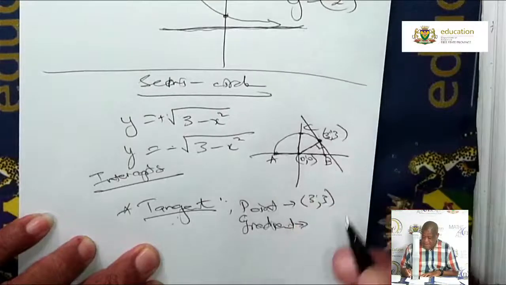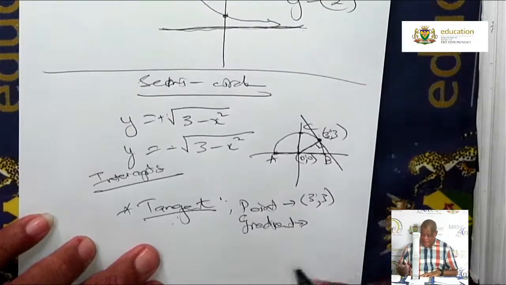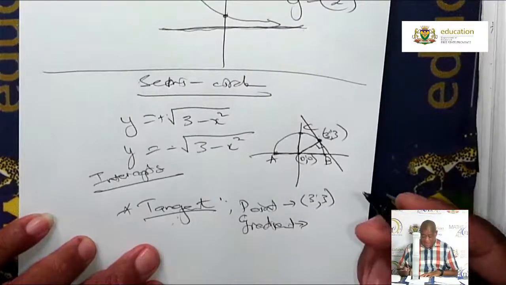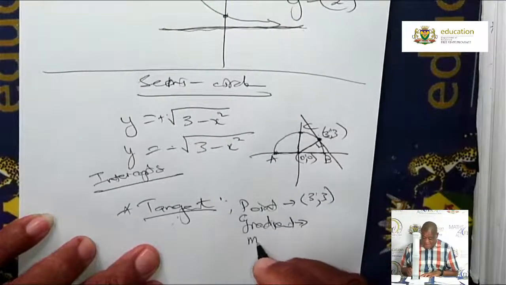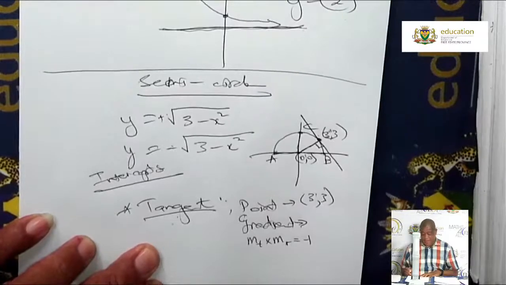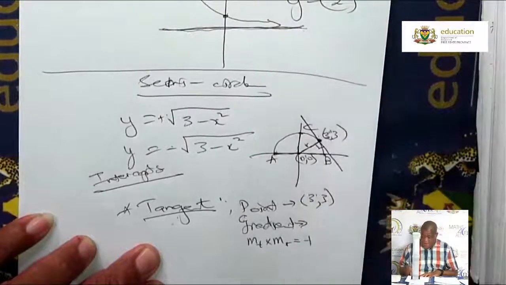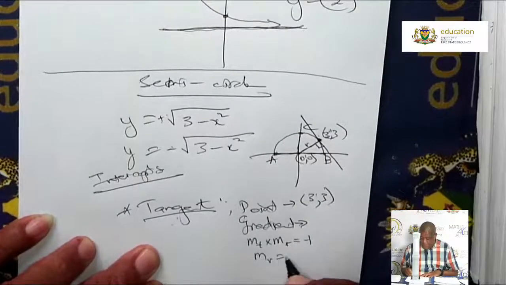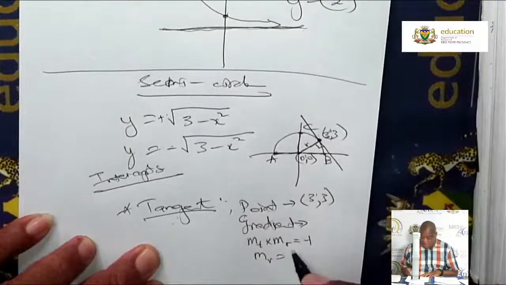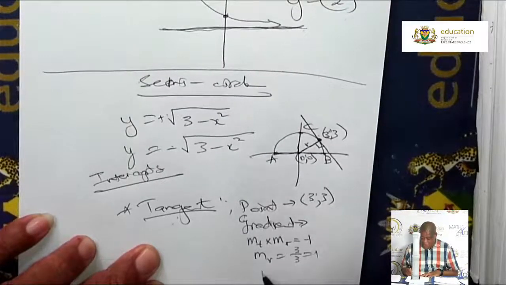The understanding is that it makes an angle of 90 degrees, so they are perpendicular. By virtue of being perpendicular, the gradient of the tangent multiplied by the gradient of the radius will always give us minus 1. The gradient of the radius is easy to get: it's 3 over 3, which is equal to 1. Therefore, the gradient of the tangent will be minus 1.